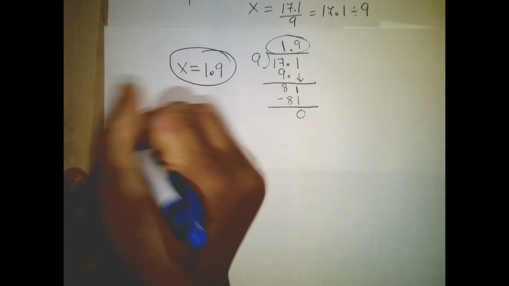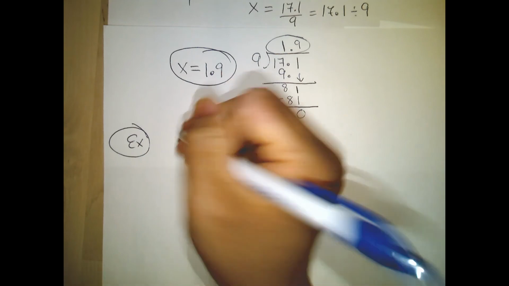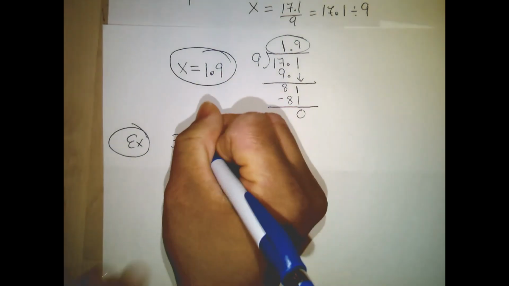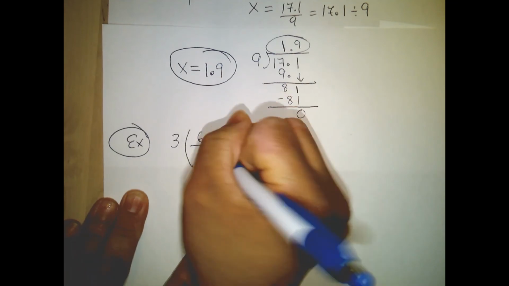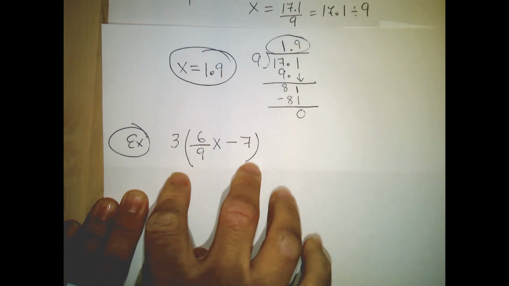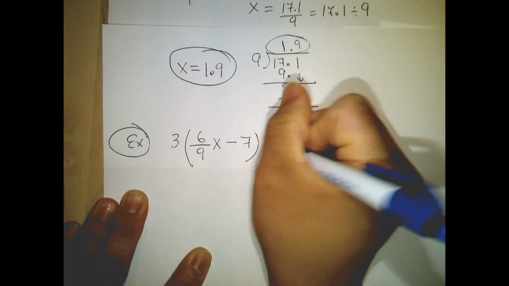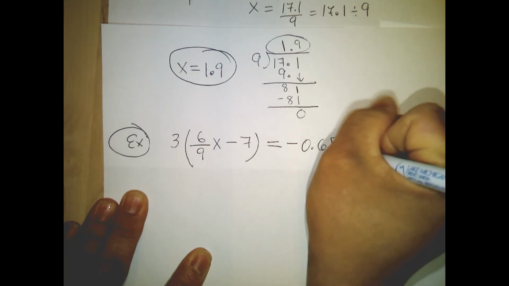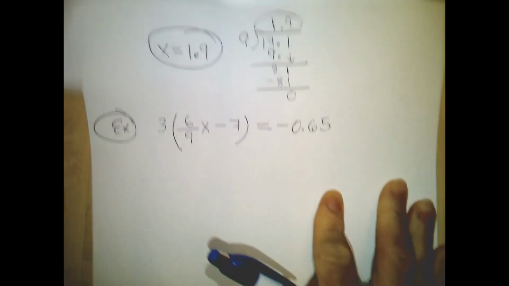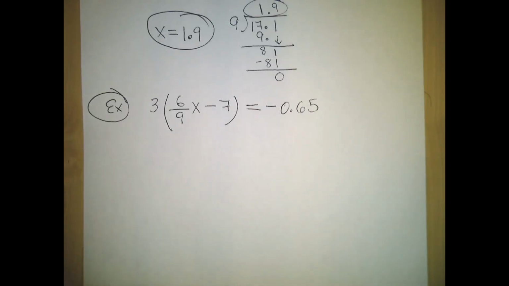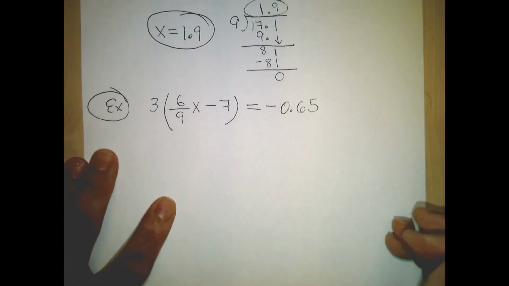So here is the example. Here it is, 3 times 6 over 9x minus 7, that quantity here in parentheses equals negative 0.65. All right, so there's lots of things that we could do here, or lots of ways that we could approach this problem here.